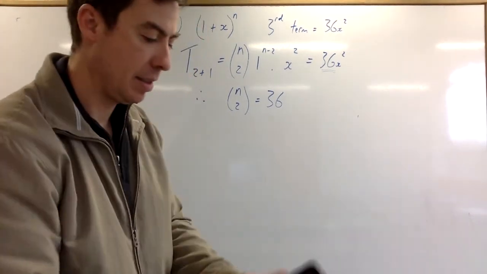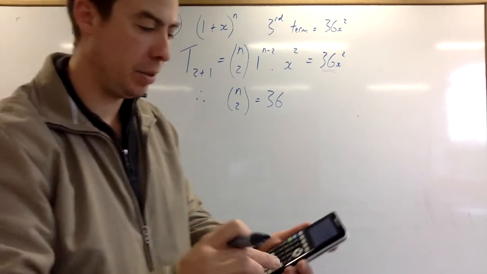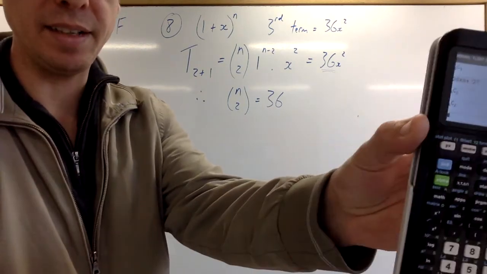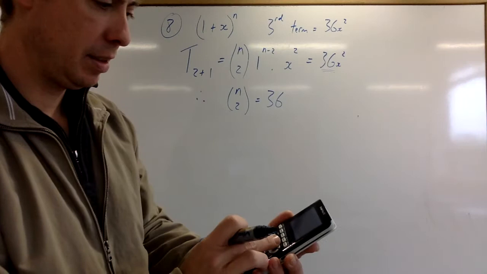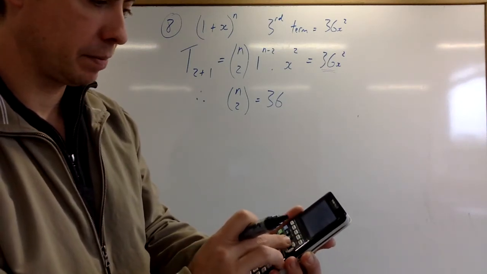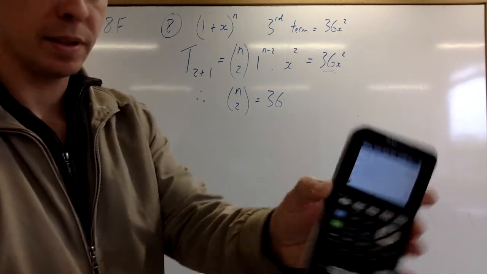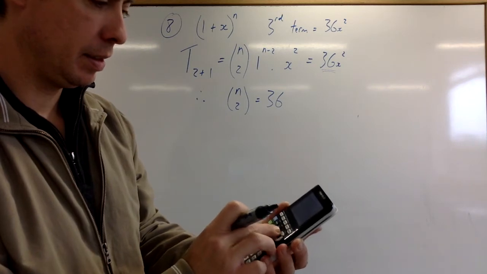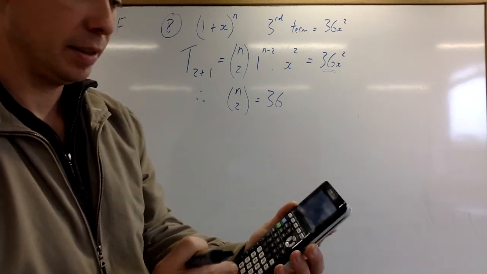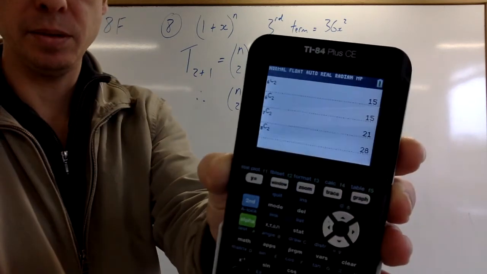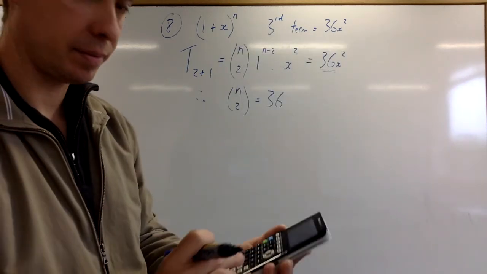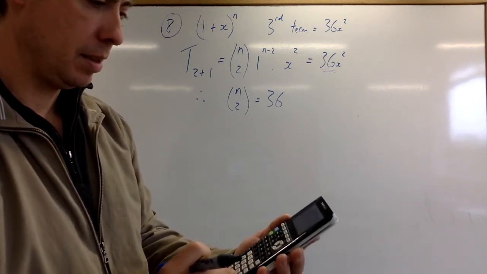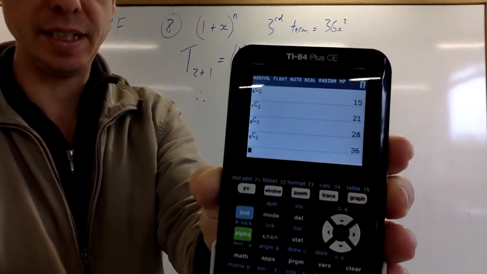Now I think, 6 choose 2 is 15. 7 choose 2, 21. 8 choose 2, 28. 9 choose 2, 36.